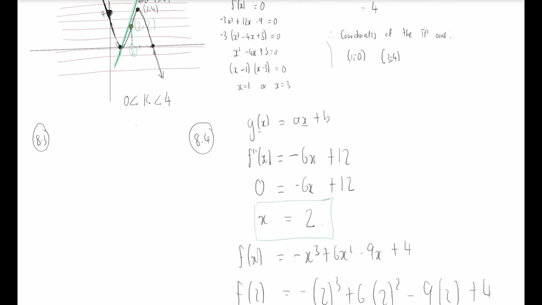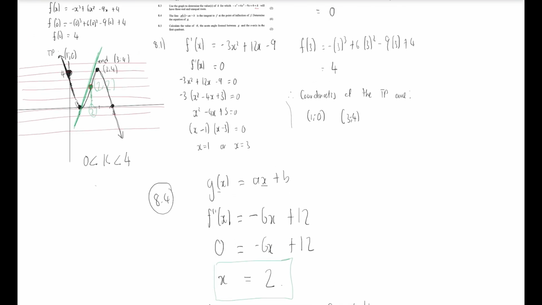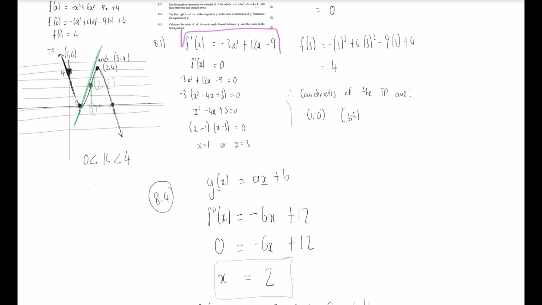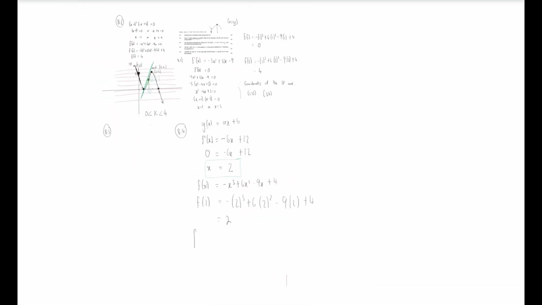Okay, so now let's go to f prime x. We have found it over here: f prime x equals negative 3x squared plus 12x minus 9. So we're going to look for the gradient at the x value of 2, which is f prime of 2, which is negative 3 into 2 squared plus 12 into 2 minus 9.